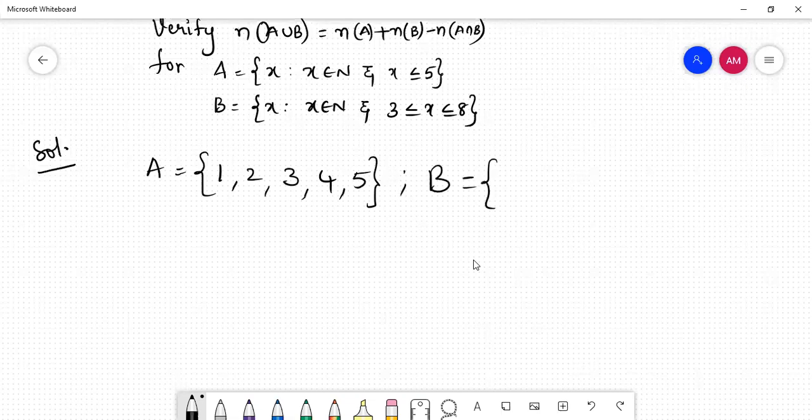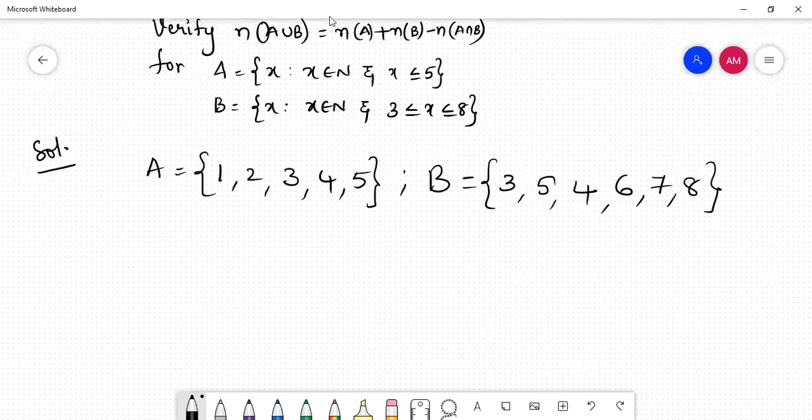B is equal to the set containing x belongs to N. Again, N starts with 1 only. But the given condition is 3 is less than or equal to x less than or equal to 8. So a natural number should be in between 3 and 8, and 3 and 8 are included. So 3, 4, 5, 6, 7, 8.